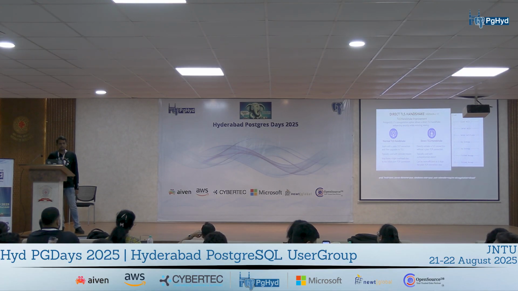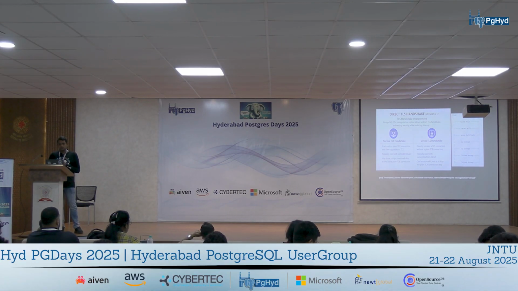Then the server provides its server certificate to the client, because the client needs to validate the server identity. That certificate can be self-signed, or it should be signed by a CA, certificate authority. In productive environments, the certificates should always be signed by a CA, so that the clients can trust and authenticate the server.